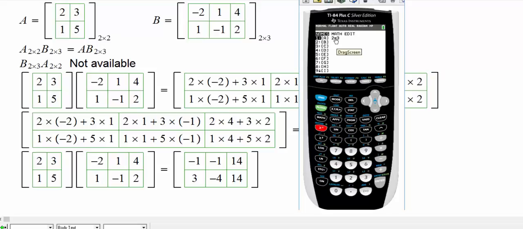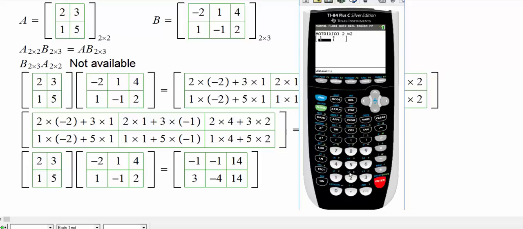Now in this case, A is a 2 by 2 matrix. First let's go to edit. So we will say, okay, the dimension of A has to be changed. The number of rows is how much? 2. And the number of columns is how many? 2.